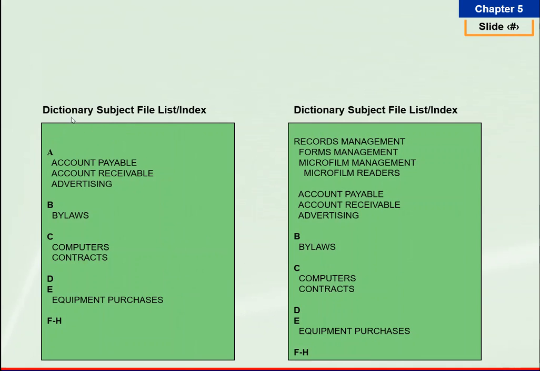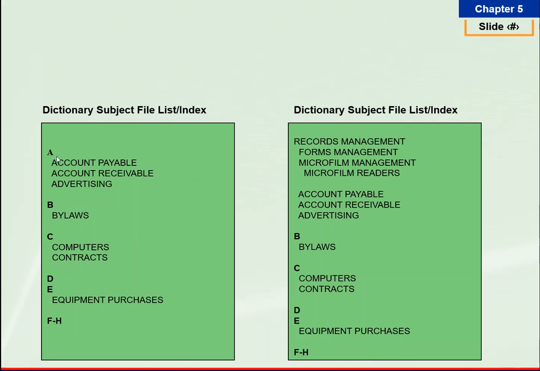So this is a dictionary subject file, and this is the dictionary subject file list and indexes. We are comparing. The first one is the dictionary subject file, and the second one is the encyclopedic.